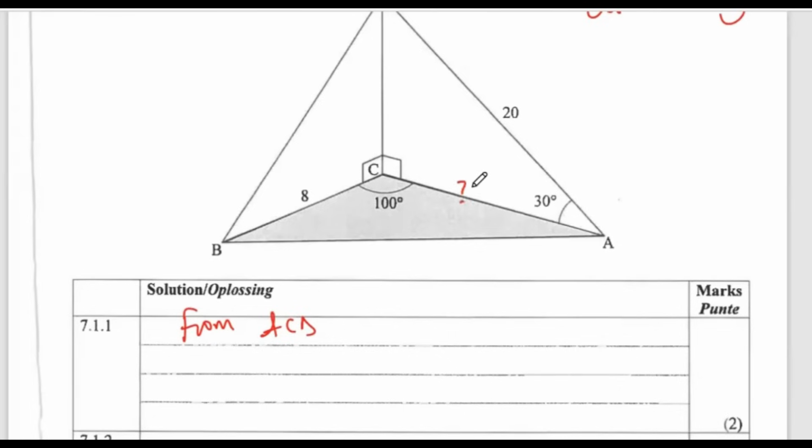This is our hypotenuse, this is our adjacent, so I can use the cos. Cos of 30 must be equal to the adjacent, which is AC over 20. When you cross multiply, that's going to be 20 cos 30, which gives 10 root 3.